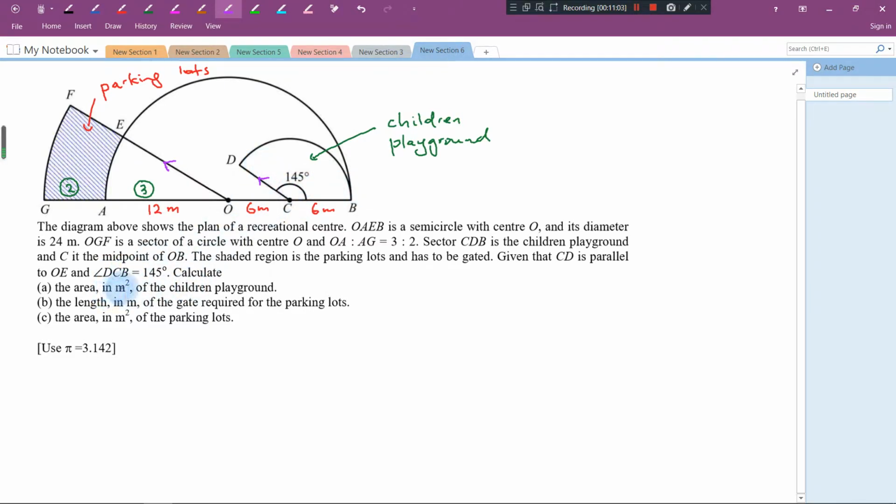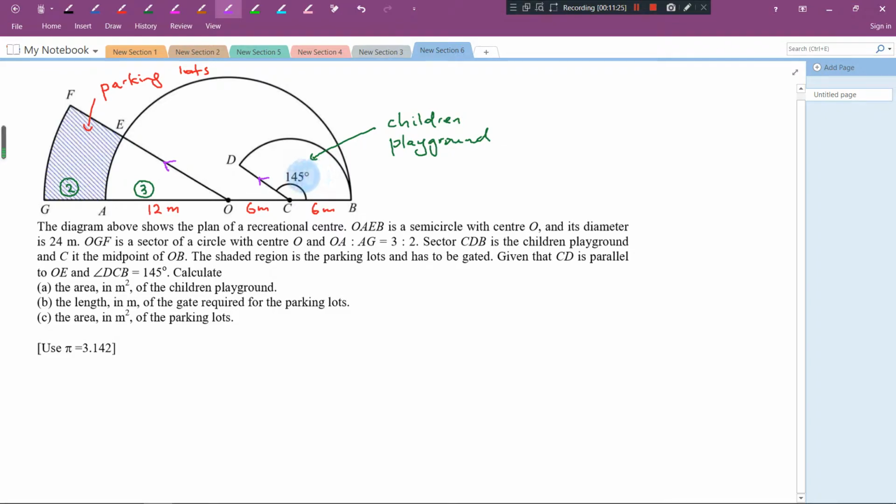Calculate the area in square meters of the children playground. Children playground is over here. So we want to find the area of this sector. This is in degrees. If you don't want to convert to radian, you can just use the formula that you learned before, pi r squared times theta over 360.